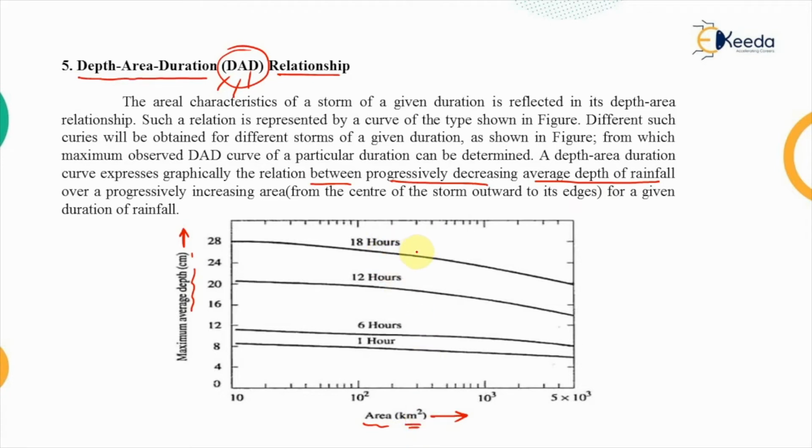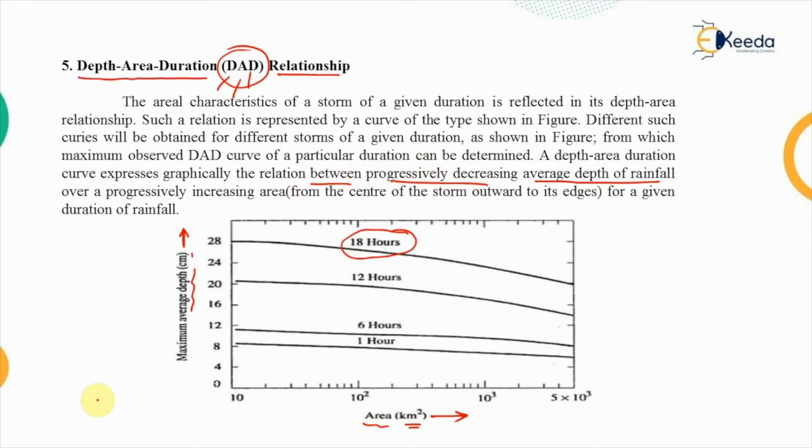Each depth area duration curve is representing a particular duration. If we select a particular duration, for example 18 hours, we can see that as the area is increasing, the depth goes on decreasing.